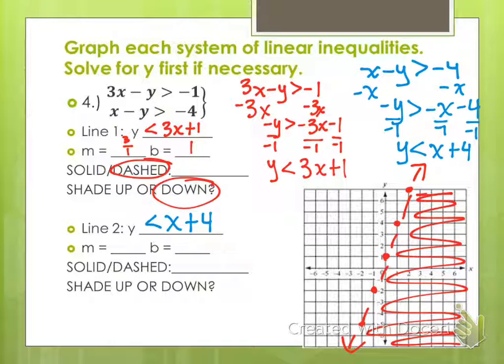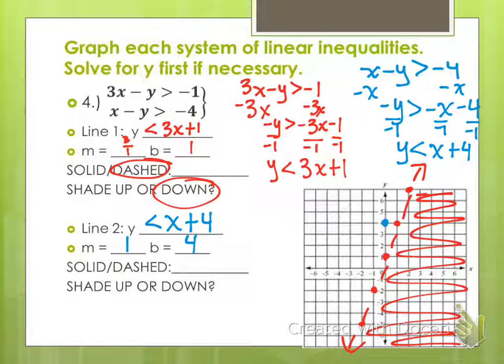Jamaro, what are my m and b? Yep. Good, 1 and 4. When you write your m, don't put the x with it. It's just a number. So just 1 over 1 or 1. We start our graph up at +4 on the y-axis.